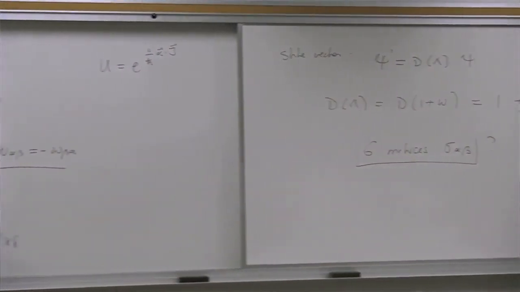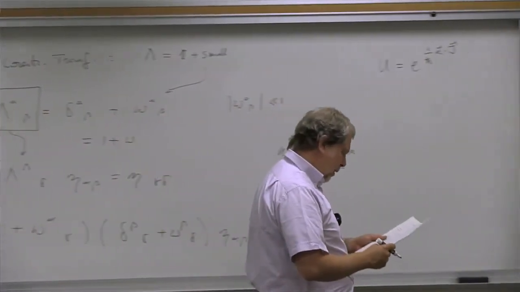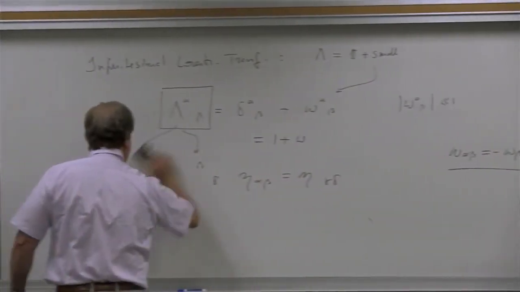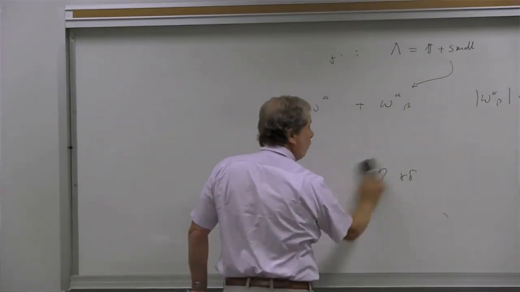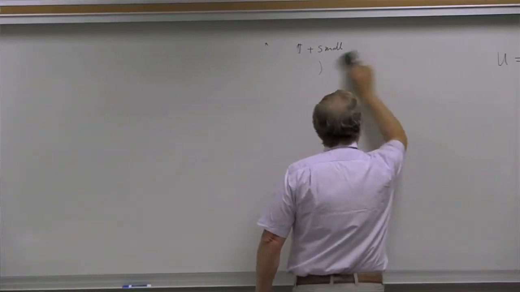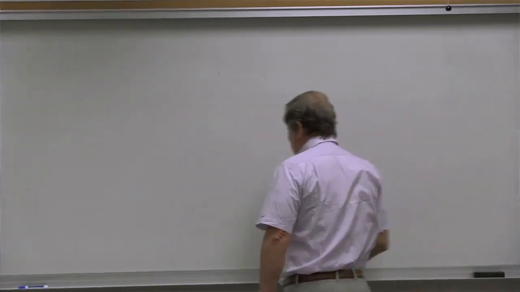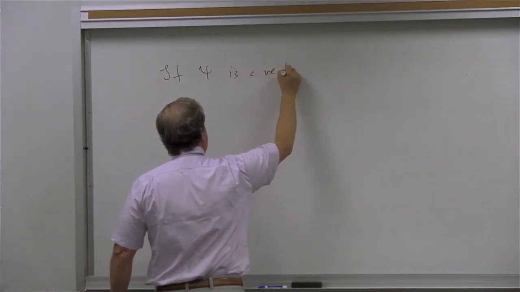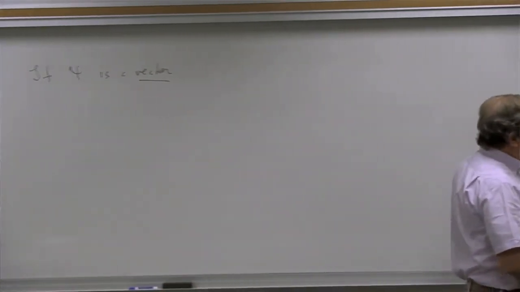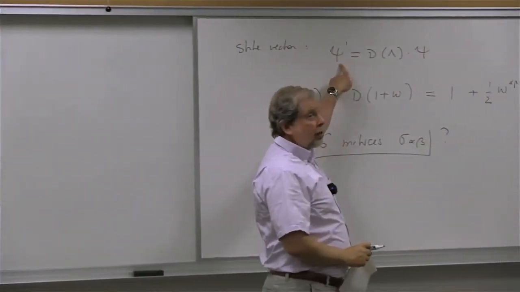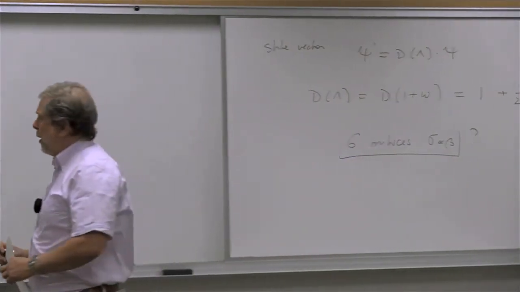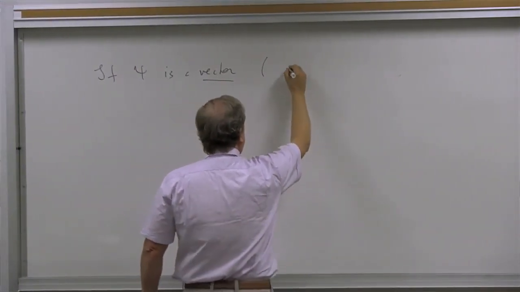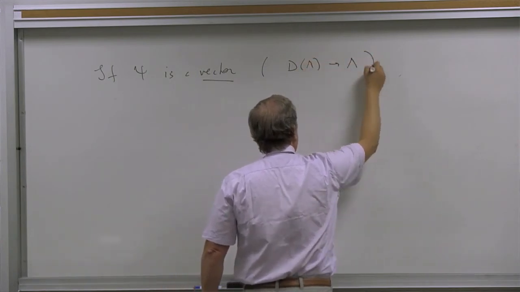So now the hard part comes. We want to notice the following: first of all, if psi is a vector, in other words if this psi is just like the coordinate, so it is a 4-component vector, then it is easy to write down the transformation property, because then what we call the D of lambda is just the lambda itself.